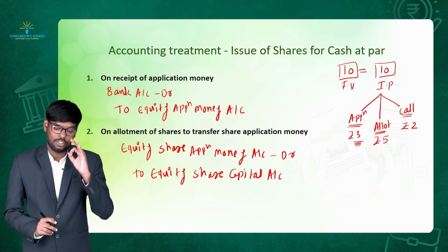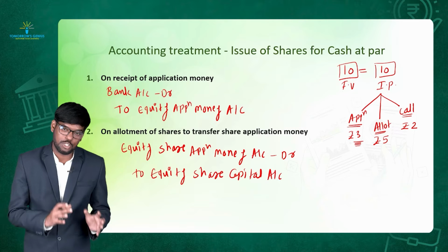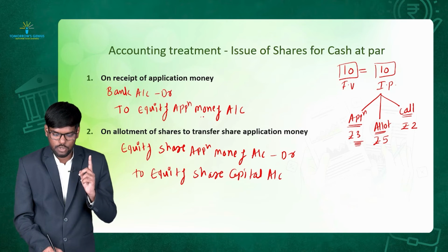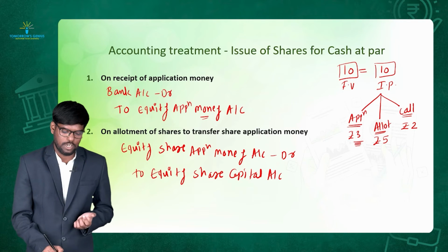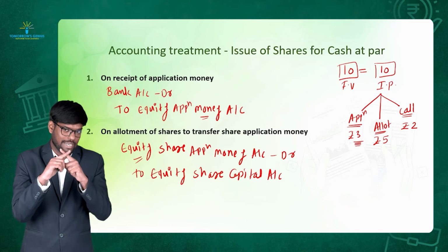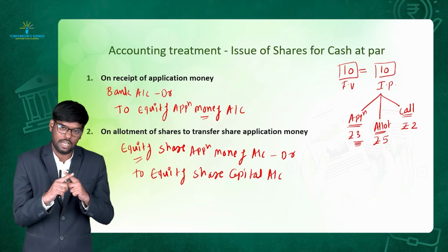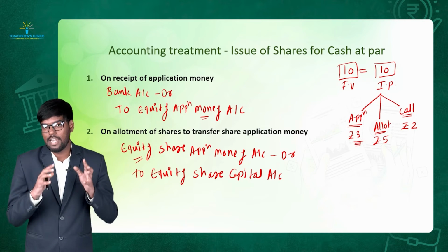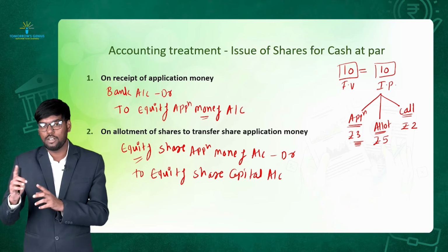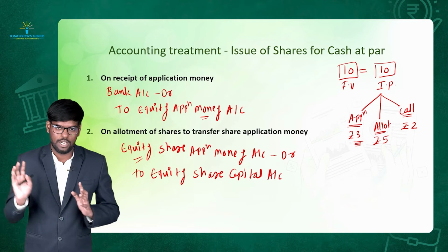Ultimately that 3 rupees is a part of capital, so I've transferred that money towards capital account. See here, when you collected, at that time you credited application money, and when you are transferring, you have to debit application money account. So debit credit will get cancelled, and that application money account will get cancelled automatically, and the 3 rupees that company collected is transferred towards capital account, right?